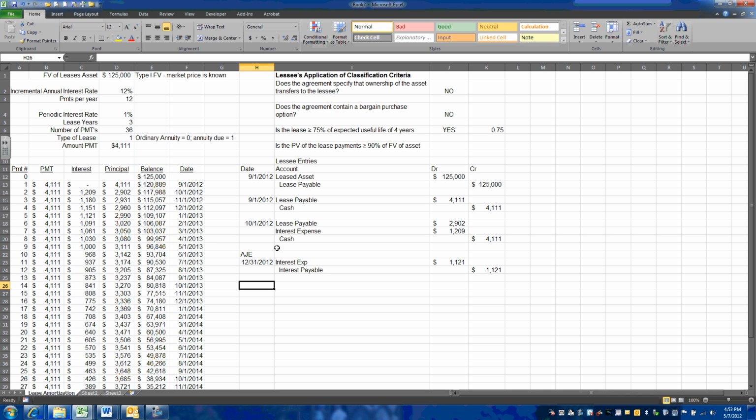Since we are carrying this leased asset on our balance sheet, we're going to need to recognize the expense of operating this leased asset. So we're going to have to make an adjusting journal entry for depreciation.